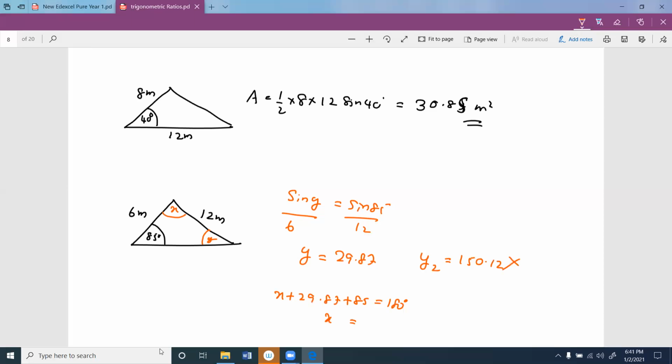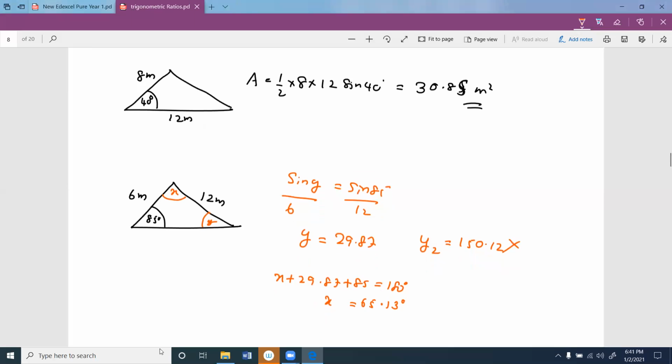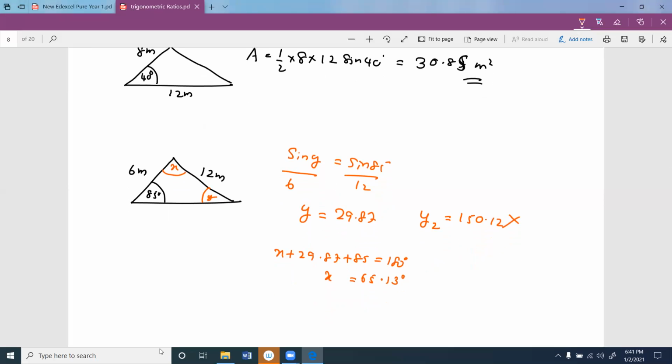180 minus 29.87 plus 85. That turns out to be 65.13. Now you can find the area, because I know this angle over here. So with that you can say area is equal to half into 6 into 12 into sine the angle in between these two sides, that is 65.13.